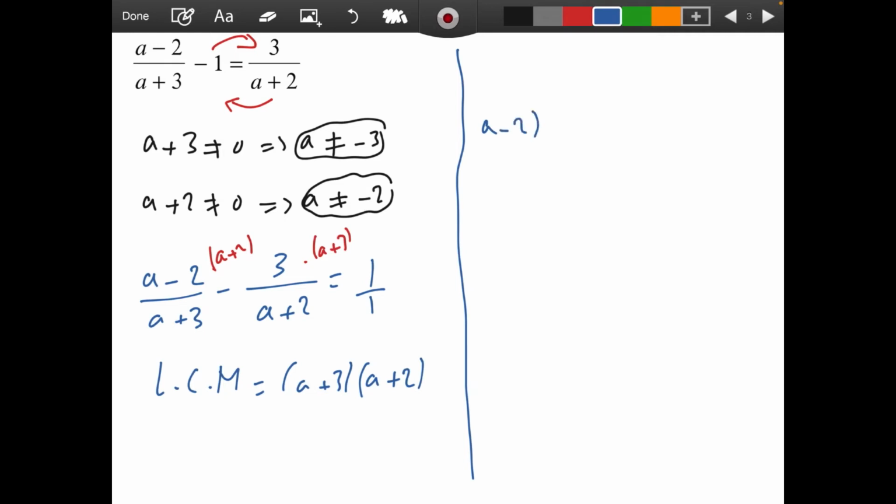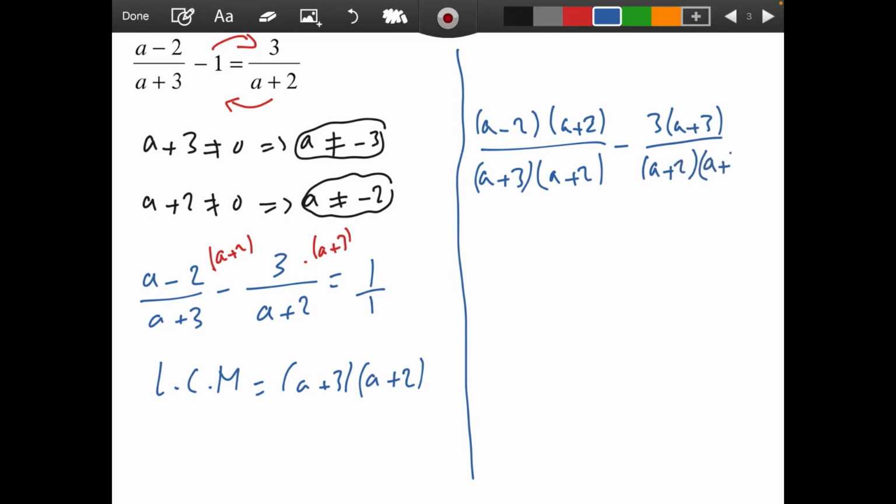So a minus 2 multiplied by a plus 2, divided by a plus 3 multiplied by a plus 2, minus 3 multiplied by a plus 3, divided by a plus 2 multiplied by a plus 3. And the right hand side is 1. Both of them have the same denominator, a plus 3, a plus 2. And I'm going to simplify and multiply numerators.